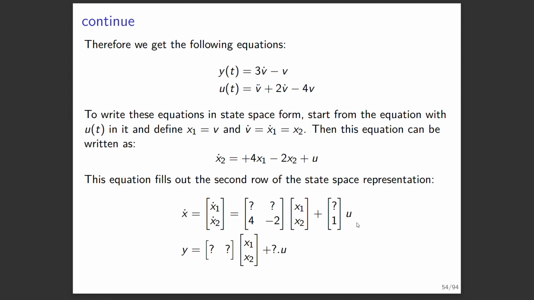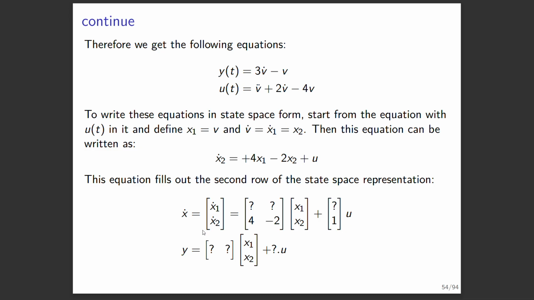Can you show me an equation here on this slide that is describing the relationship between x1 dot and x1, x2, and u? It's here. x1 dot is x2. So I'm going to have 0 times x1 plus 1 times x2 plus 0 times u.